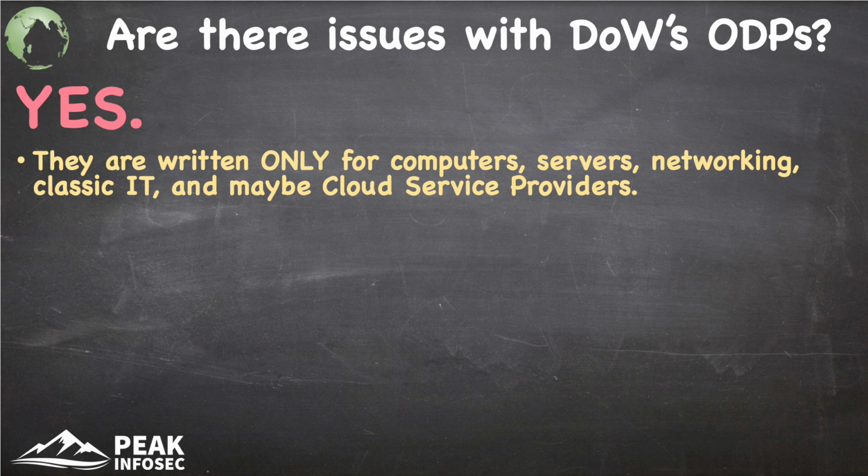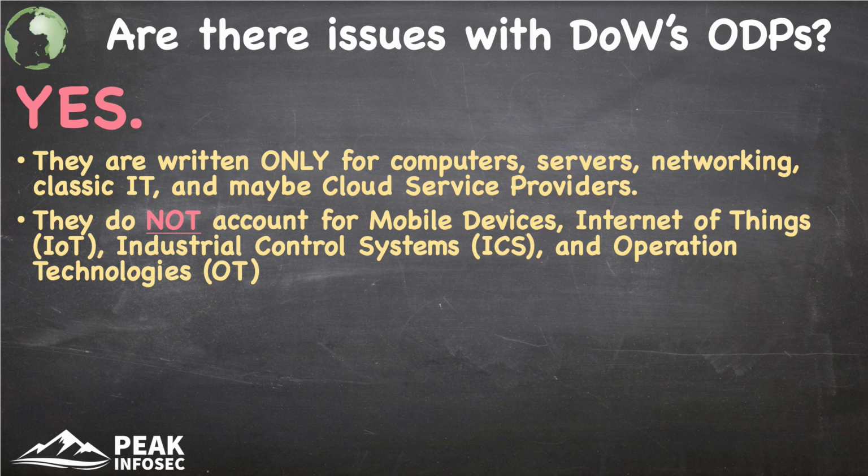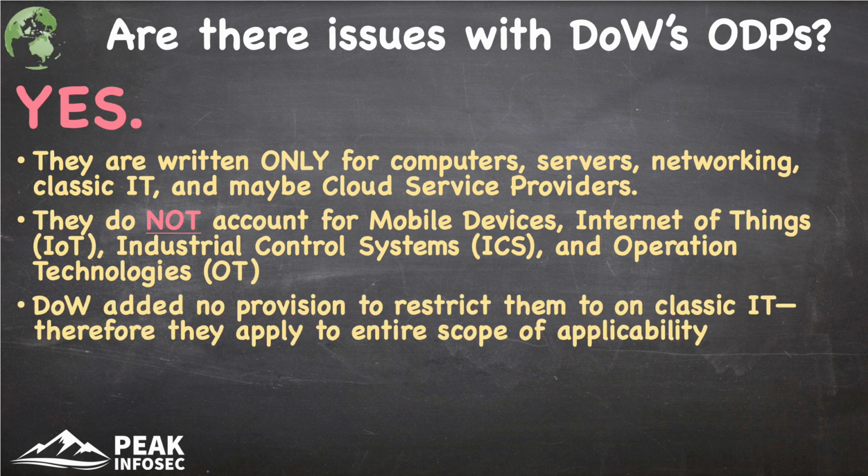They do not understand technology, the limitations that are out there, or what they did. They also did not account for mobile devices, Internet of Things, industrial control systems, and operational technologies. Yes, there are significant gaps in what they perceived when they wrote these.